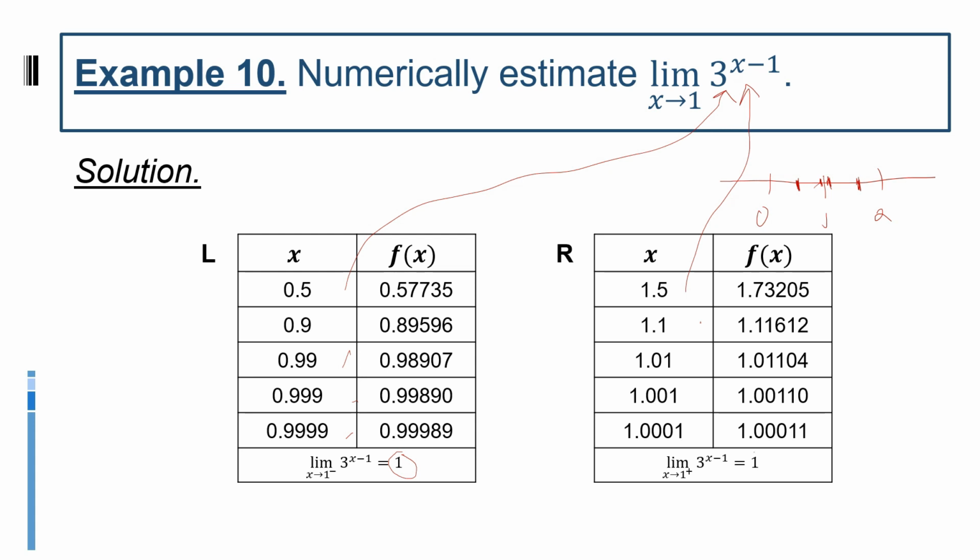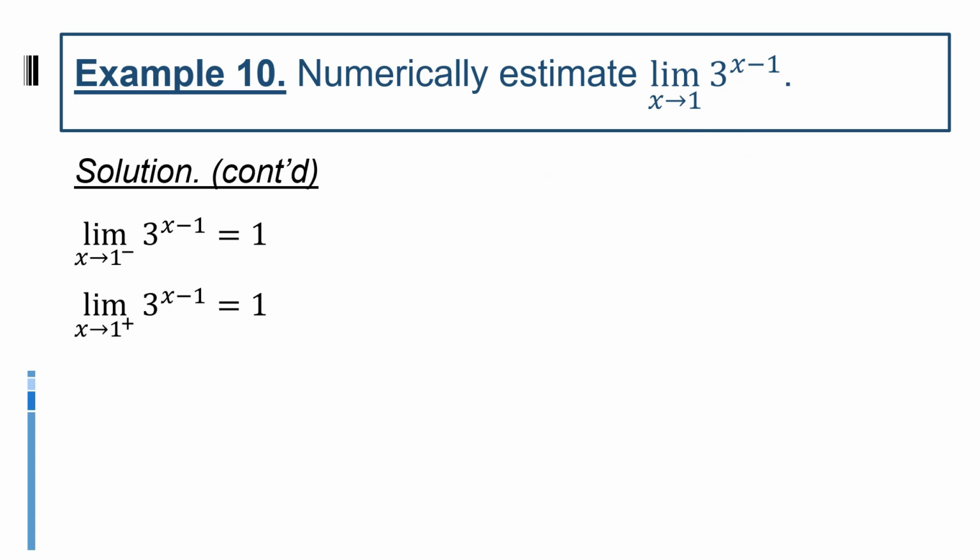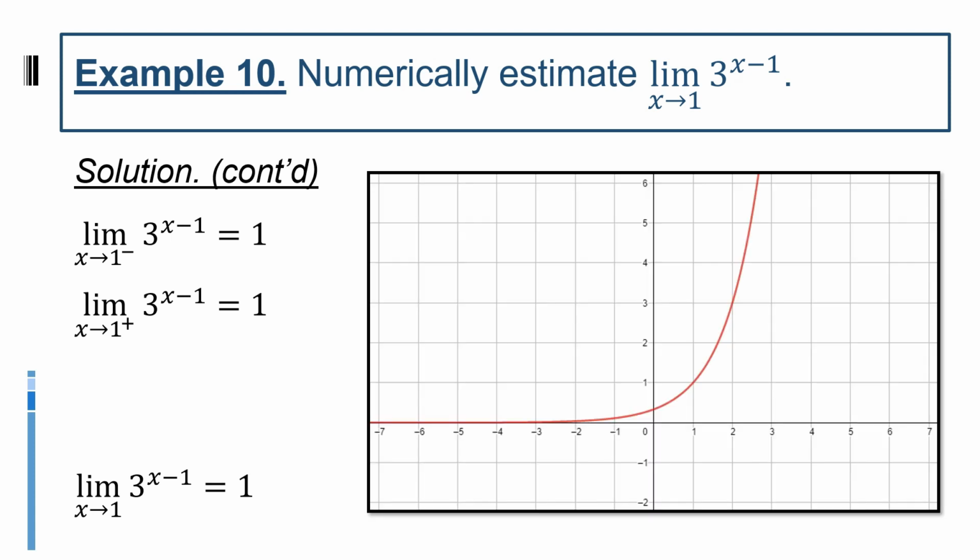Observe that it will approach 1 when x approaches 1 from the right. So, since yung left-hand limit natin is 1 and yung right-hand limit is also 1, then the limit as x approaches 1 of 3 raised to x minus 1 is equal to 1. At ito yung graph ng ating function. At makikita natin dito na as x approaches 1, sa 1 nga talaga siya mag-approach.